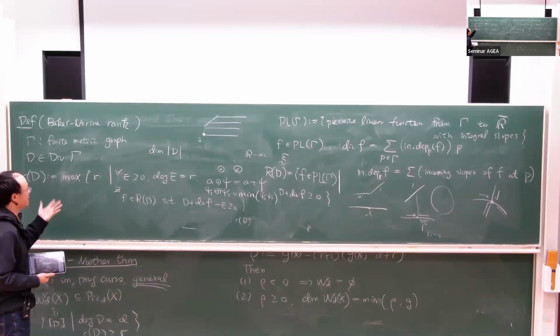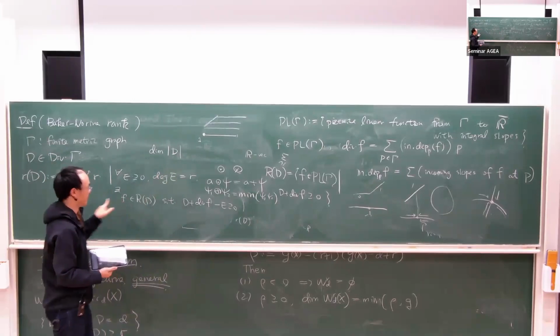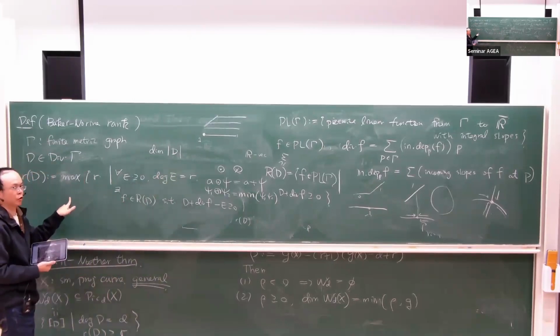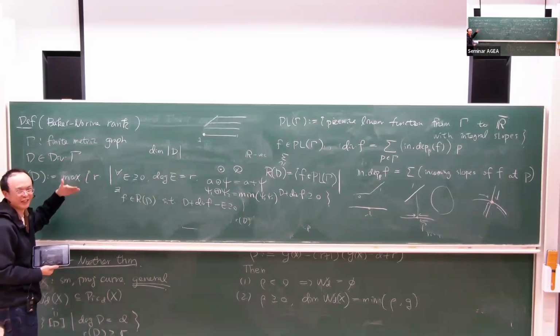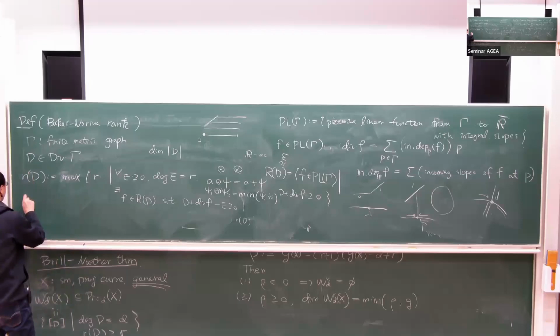Maybe there is some insight for this definition, but now the best I can say is that for divisors on curves, you can define the rank to be this number. And this number also makes sense when the divisor is a divisor on a graph. So you just copy the definition and you get a definition for rank. Actually, there are some other ranks.